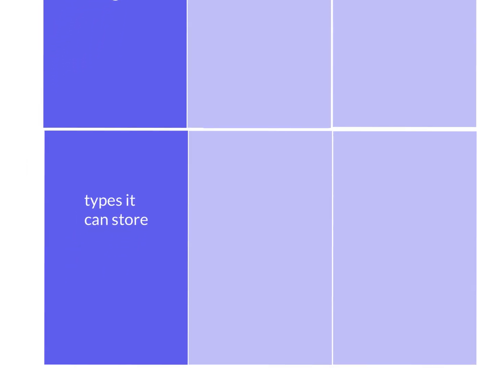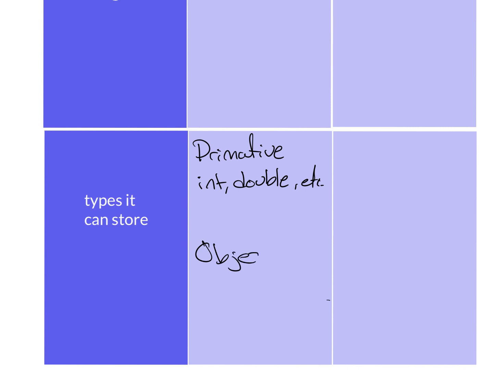An array can store primitives, so that's your int, double, float, Boolean, long int, etc. All those primitive data types. It can also store objects or references to objects. So it can store any sort of object that you create, and it stores references. We'll look more at what that means later.